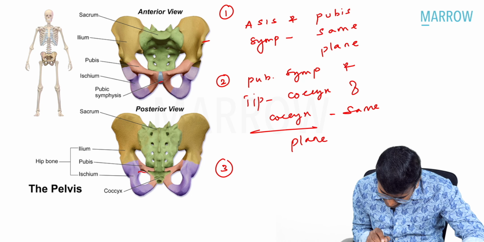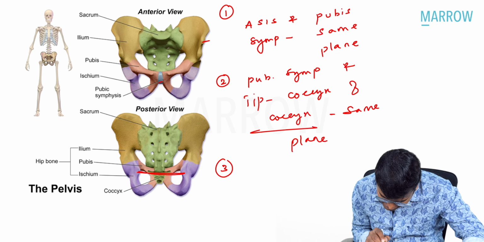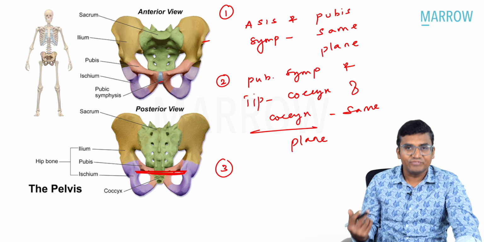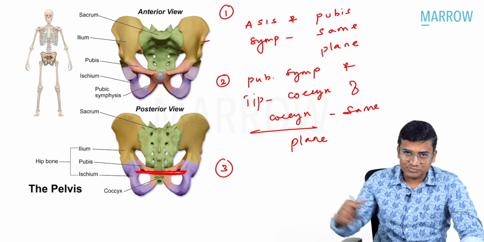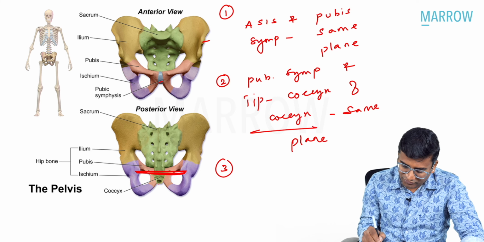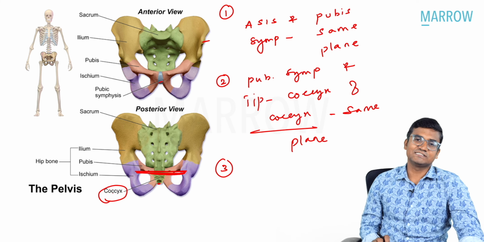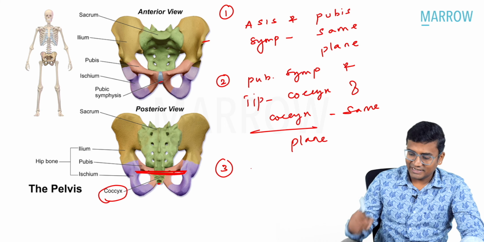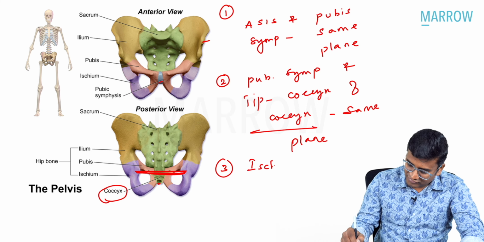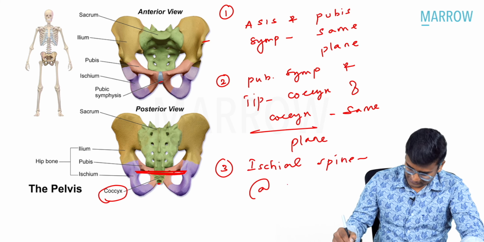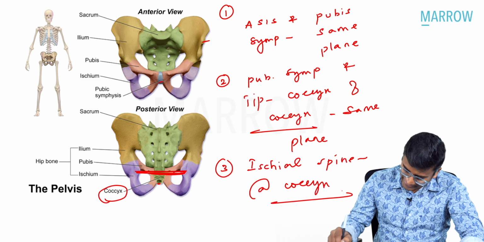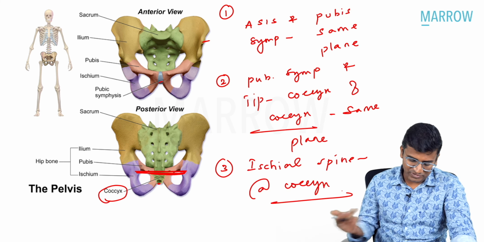If we connect the ischial spines of two sides, they are also present at the level of the pubic symphysis. That means if you connect the ischial spines, they pass at the level of the tip of the coccyx. So the ischial spine is present at the level of the tip of the coccyx.